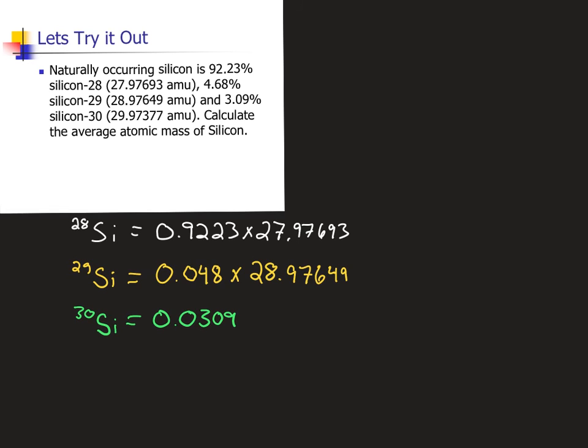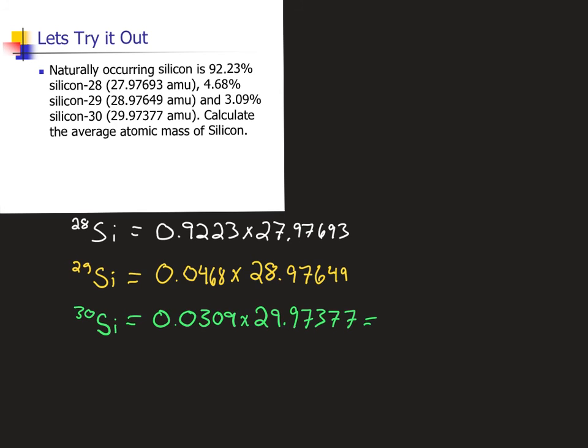Ooh, nobody called me out. How come? I wrote the percentage of silicon wrong. There we go.